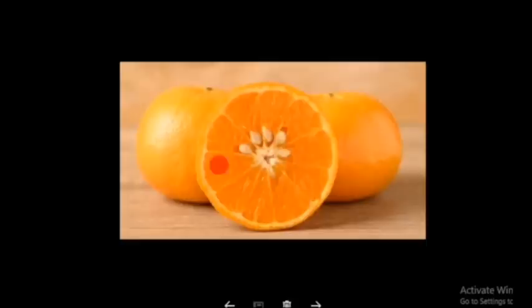This is what the cut looks like. This orange part is called the epicarp, then we have the white part, which is called the mesocarp, and the inner juicy part, which is called the endocarp. So that is about the oranges.